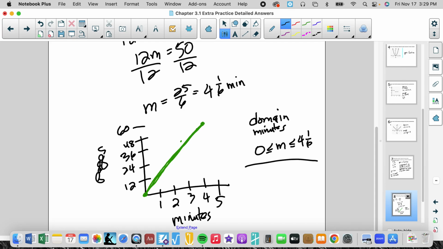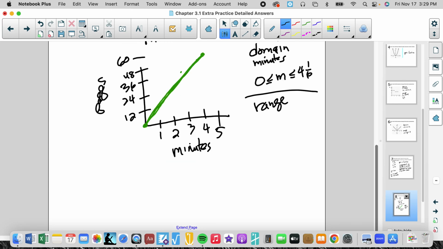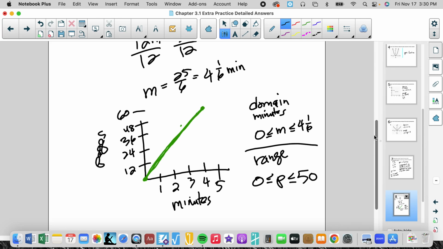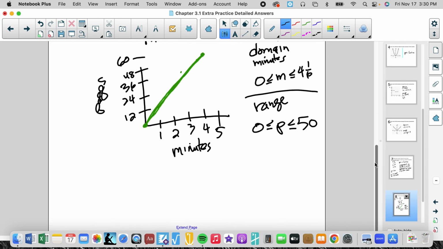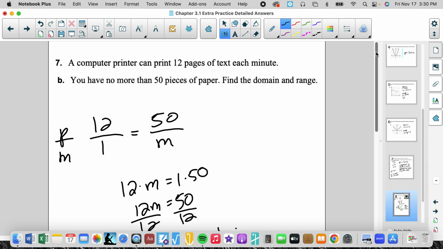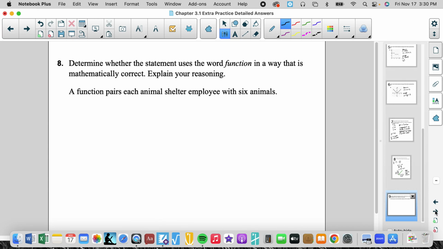And then my range, which is my y values, my dependent. So my range is going to go from 0, and this is pages, and my max pages are 50. So I would probably write in that fashion. And once I drew that chart, it made it a little bit easier to see that.